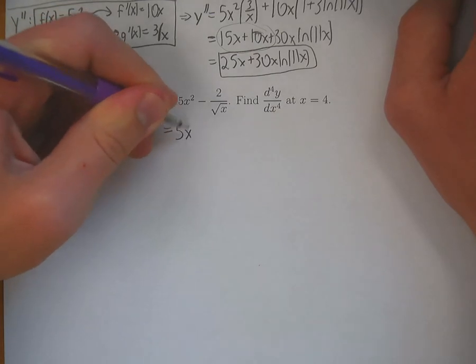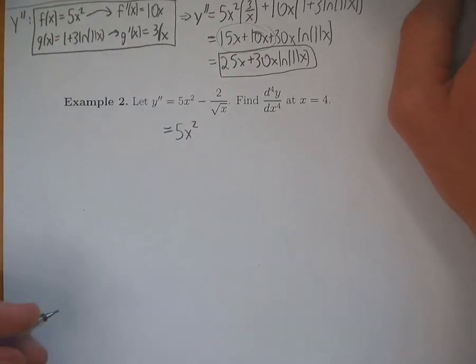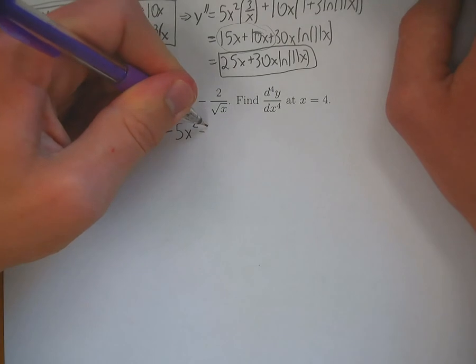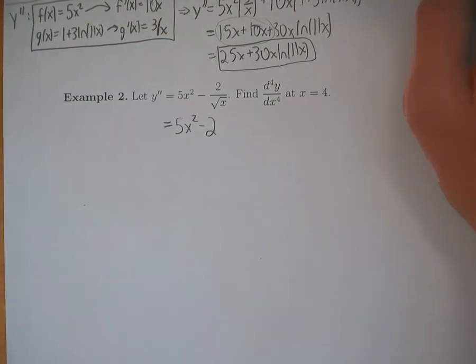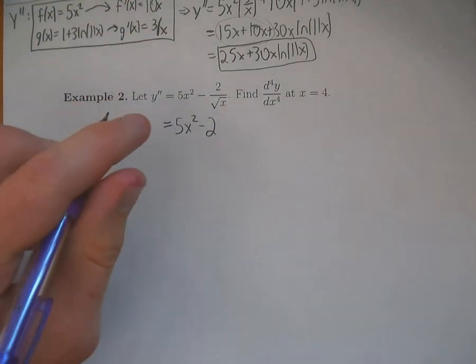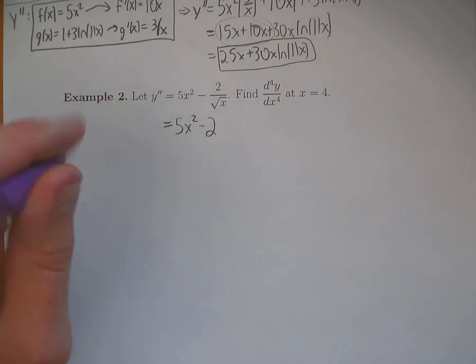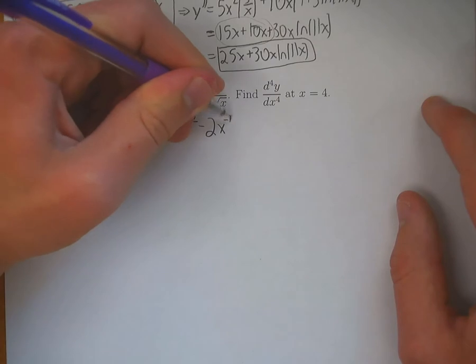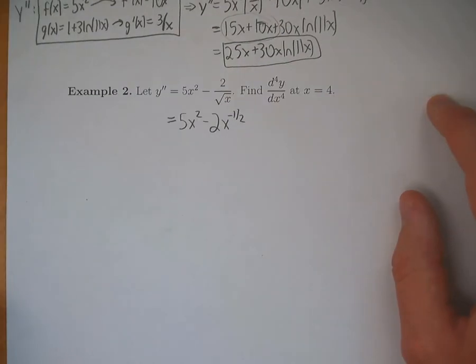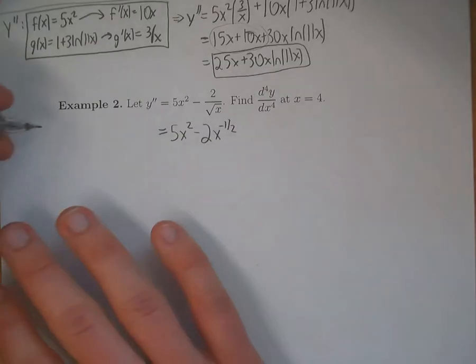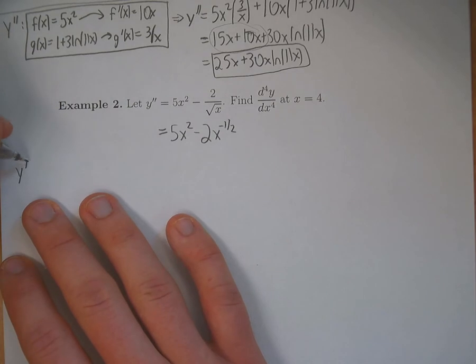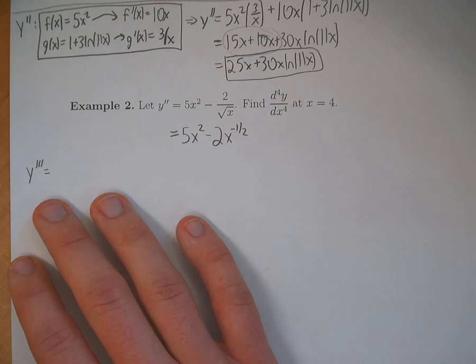So we have 5x squared on the first term, not much we can do there. But then we have 2 times what? Right, x to the negative 1/2. Good. All right, so that's y double prime. So then we say, all right, that would give us that the third derivative is then what?